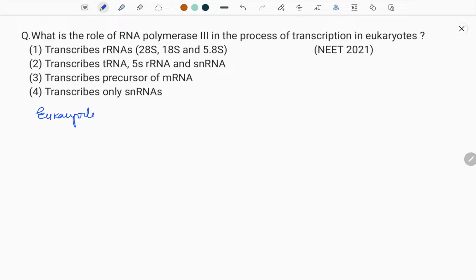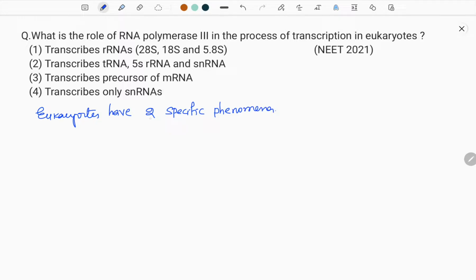Eukaryotes have two specific phenomena, because it is very complicated, very complex.